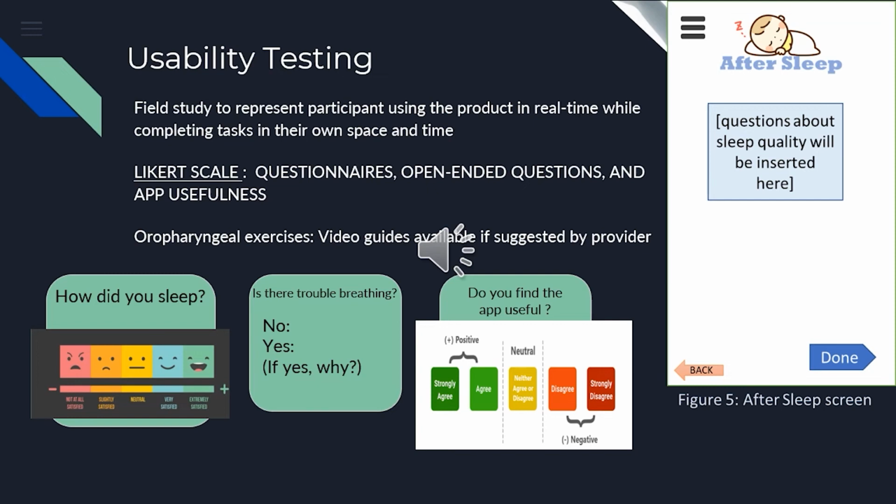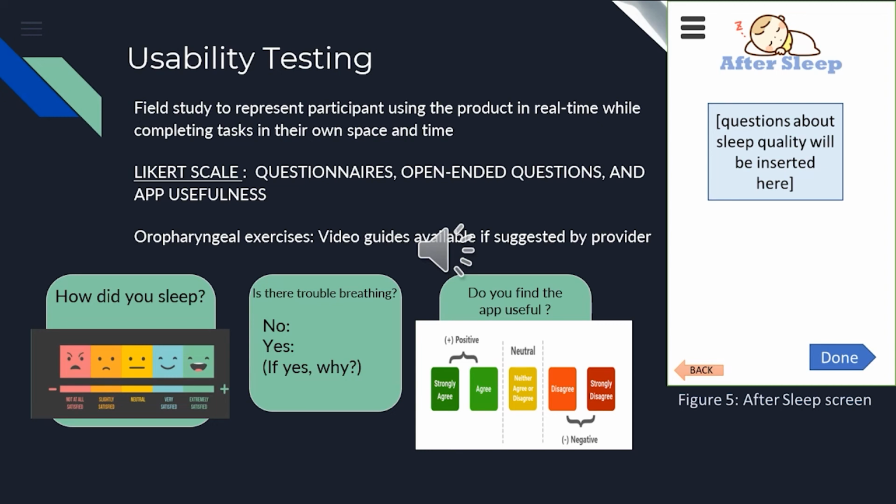The app would also include a feature of oropharyngeal exercises, which are exercises that significantly cut snoring. They would push the tip of their tongue against the hard palate and slide their tongue backwards around 20 times.